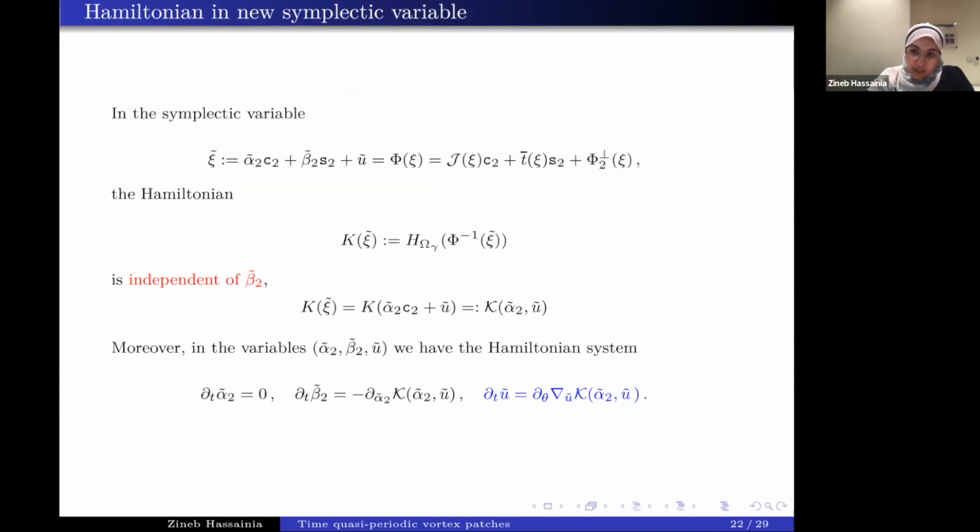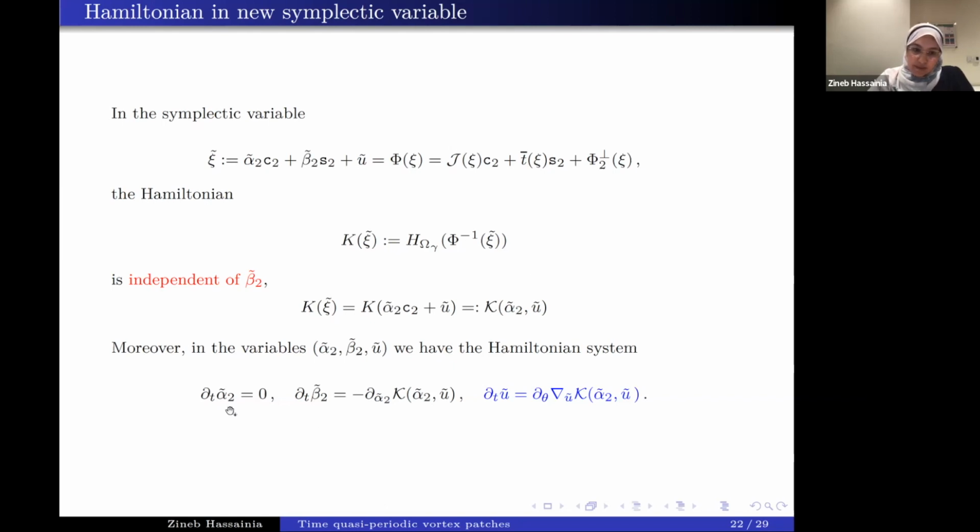Okay. Now, in the new symplectic variables, the new Hamiltonian is independent of beta 2 because alpha 2 is exactly the angular momentum, which is a conserved quantity. And the problem is reduced to solving the problem in the infinite dimensional variable u tilde, which doesn't see the mode 2.